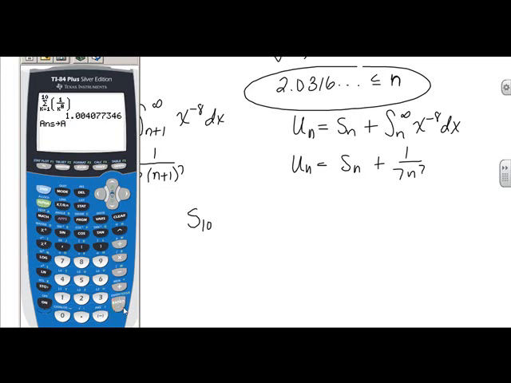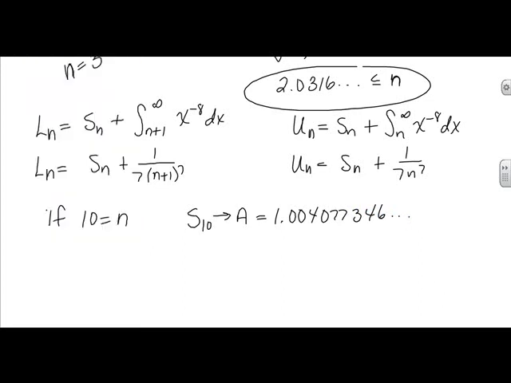So if we're wanting to evaluate the lower limit, we've got our number for s of 10 plus 1 over 7 times 10 plus 1, which is 11, to the 7th power, and I'm going to evaluate that. I'm going to get a decimal number again, and I'm going to store that maybe as B. So grabbing my calculator, I have A plus the fraction 1 over 7 times 11 raised to the 7th power.